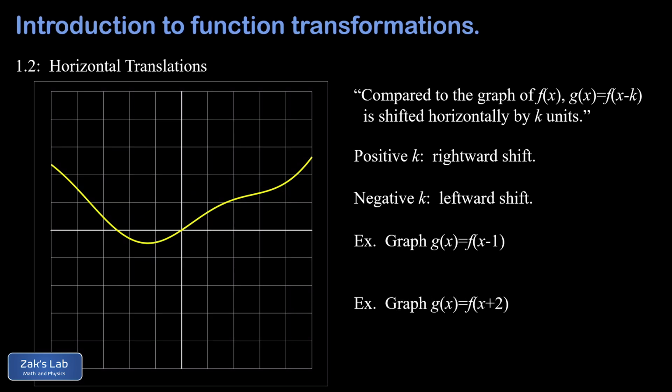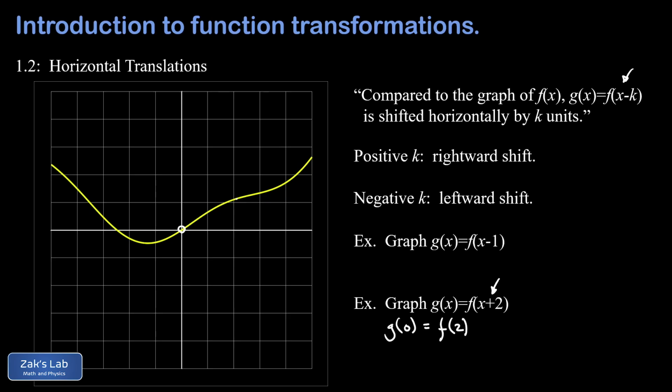So now we look at an example where k is negative. So I'm evaluating f(x + 2). Now, given the way we wrote this, that means k is negative 2. So we're expecting a leftward shift by 2 units, and let's just look at 1 or 2 points to figure out why. I'll just go ahead and look at x equals 0. I want to evaluate g(0), so I'll plug in x equals 0, and it turns out g(0) is the same thing as f(2).